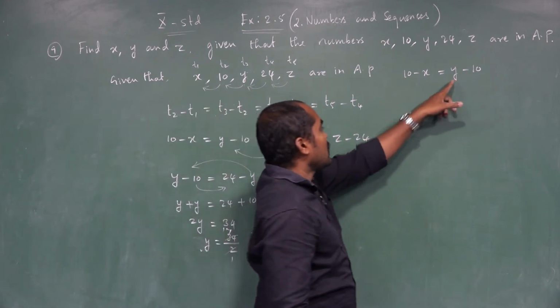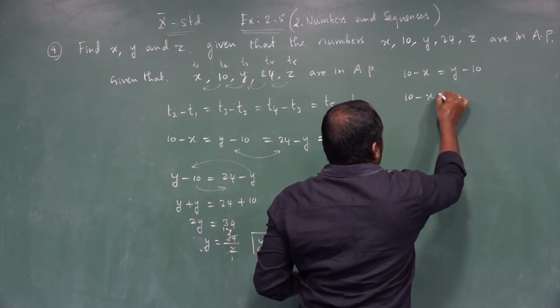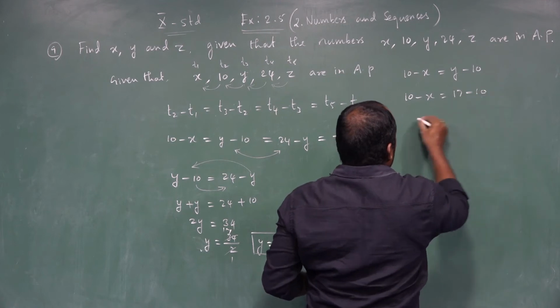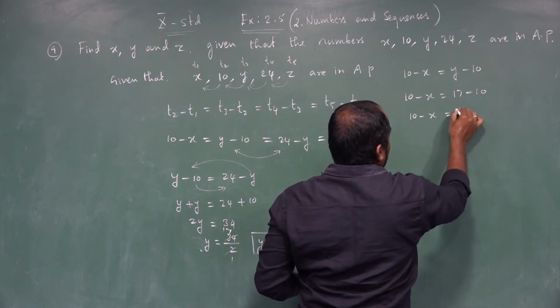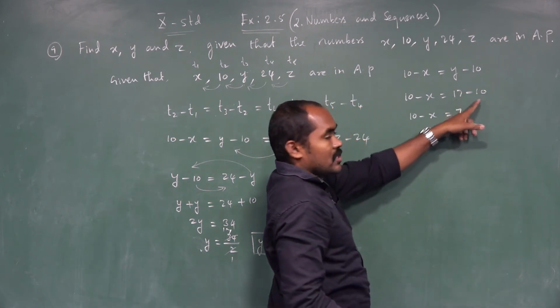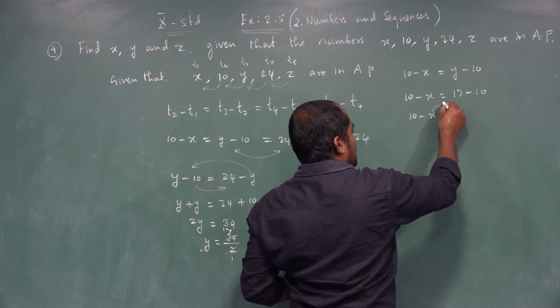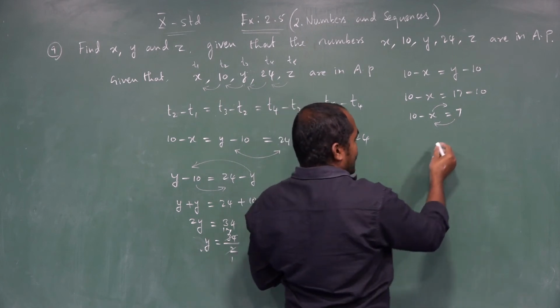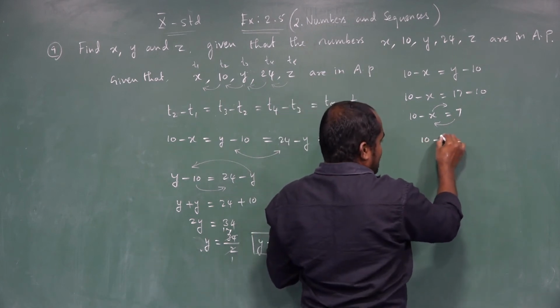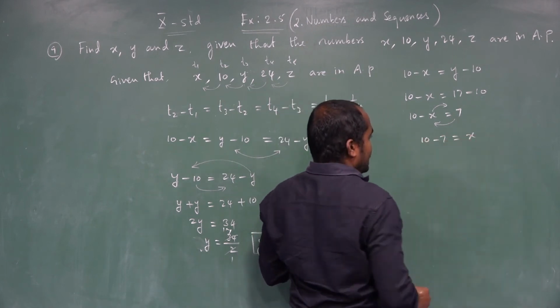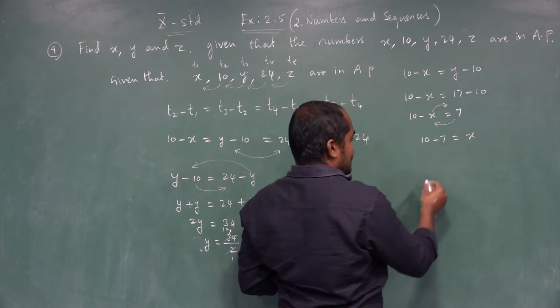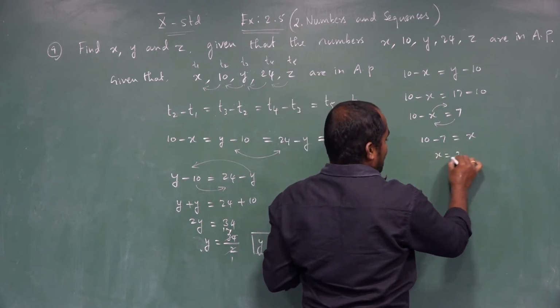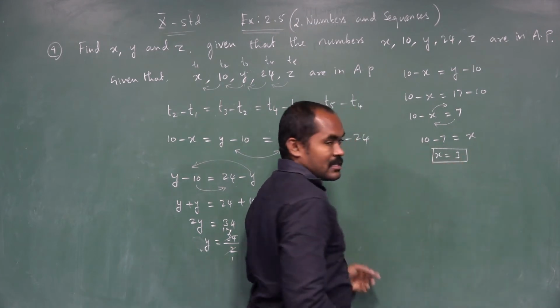So substitute here. 10 minus x equal to 17 minus 10. 10 minus x is equal to 7. 17 minus 10 is 7. So send this x to right side and 7 to left side. We get 10 minus 7 is equal to x. Therefore x value is 3. The value of x is 3.